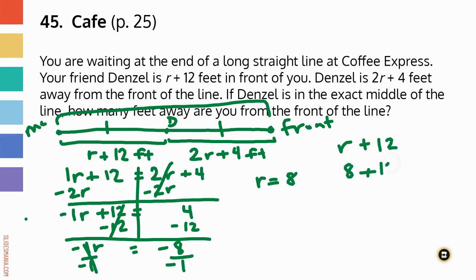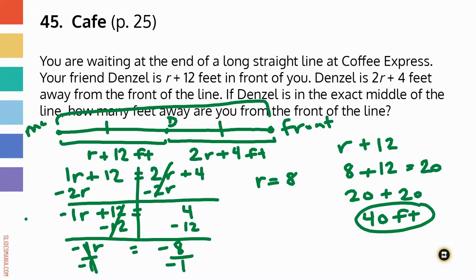So 8 plus 12 is 20. Now I know if from me to Denzel is 20, and that is the same as Denzel to the front, I can just add another 20. So 20 plus 20 is going to be 40 feet. So I'm 40 feet from the front of the line.